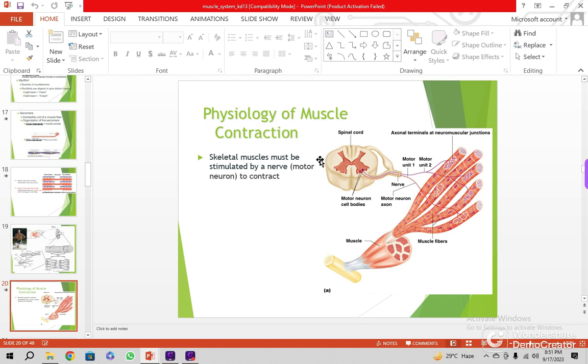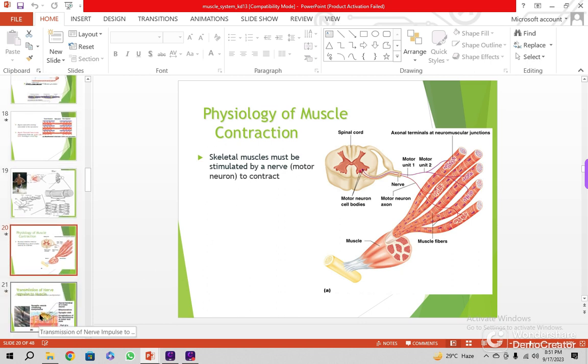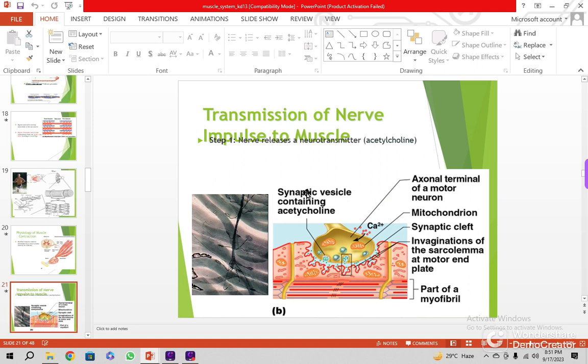In physiology, you must have learned that the skeletal muscle must be stimulated by a nerve, a motor neuron, to contract. Let's start from here. Going down, the signals come here through the transmission of the nerve impulse to the muscle. The first step is that the nerve depolarizes. After depolarization, a neurotransmitter is released.